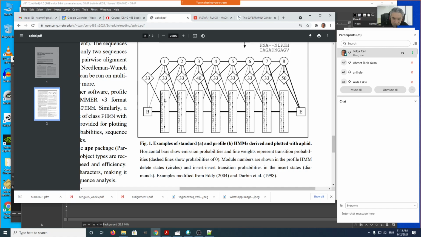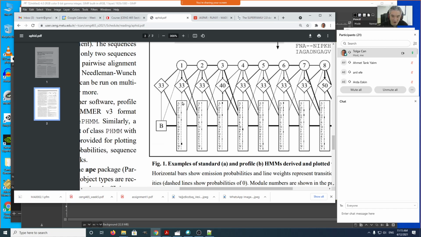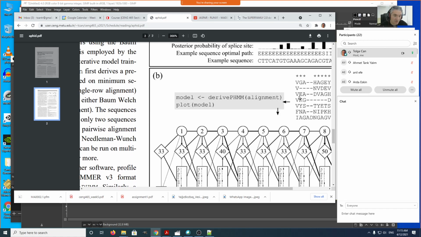Look at the frequencies. These are the frequencies that occur in every column. V has a very large frequency. The bar here shows its frequency. This bar is probably linearly proportional to its weight. So there's some V, there's some I, there's some F, and all the amino acid types are non-zero. They have a very tiny thin bar that shows amino acid type A also is possible to be observed in the first column.